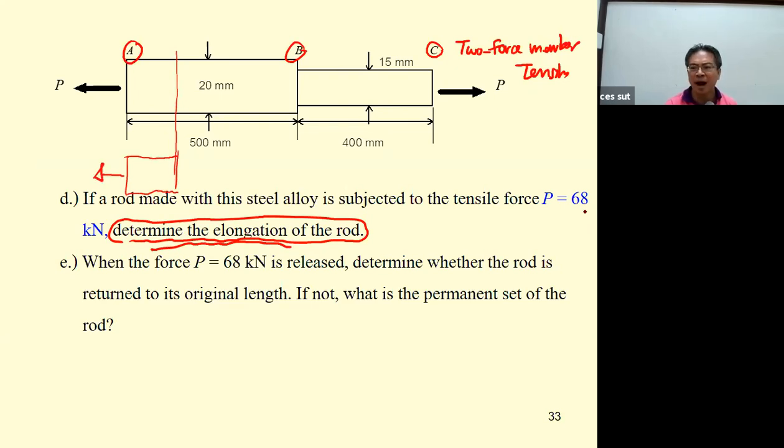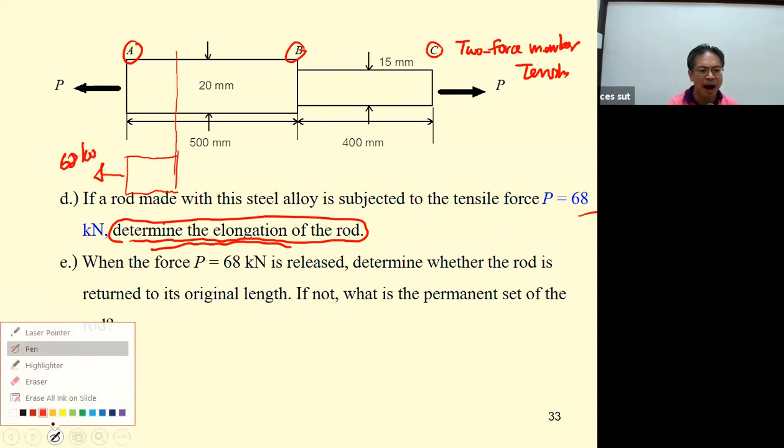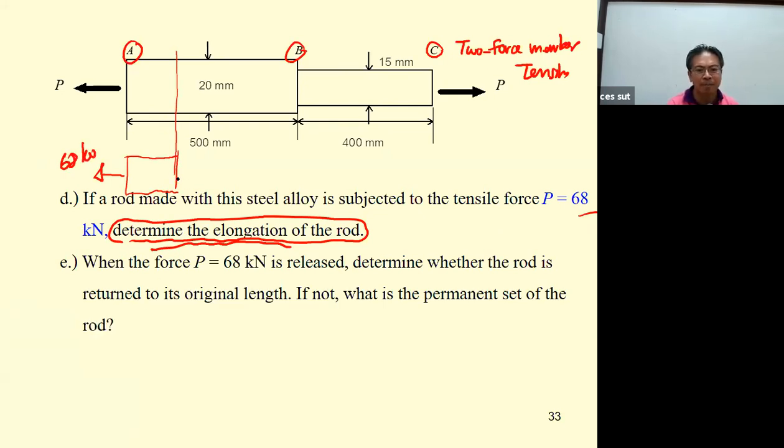This force applied here is 68 kilonewton. By drawing the free body diagram, this is going to be F sub AB, and then summation of F sub X equal to 0. You will get F sub AB equal to 68 kilonewton. That is for the tension member.